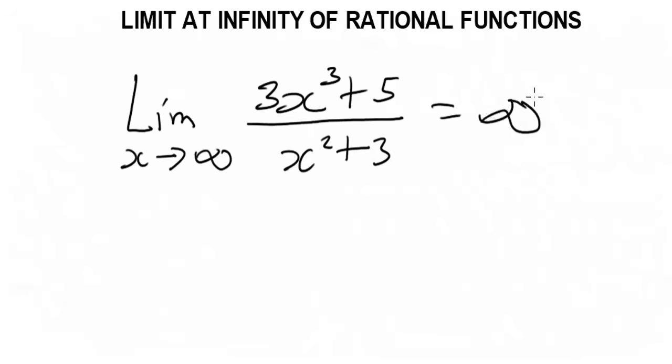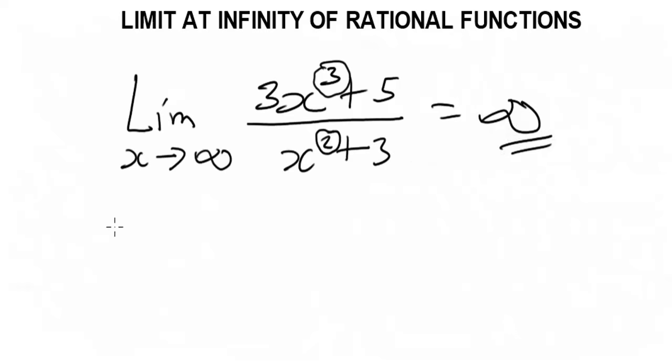Thus, it is indeterminate. We cannot define this limit. If you look at the numerator, the highest power of x here is 3, and the denominator's highest power of x here is 2. So the power of the numerator is higher than that of the denominator. So in this situation, the limit does not exist.